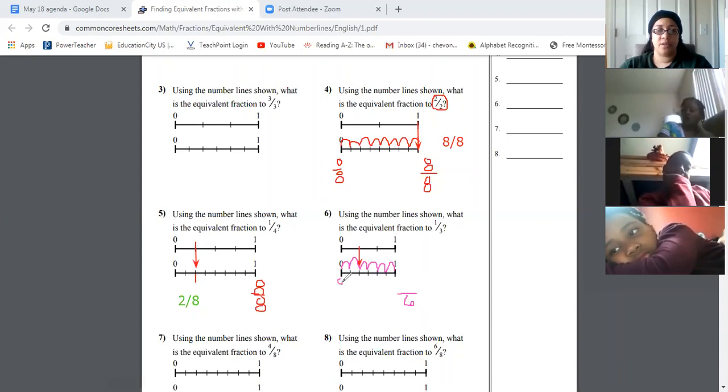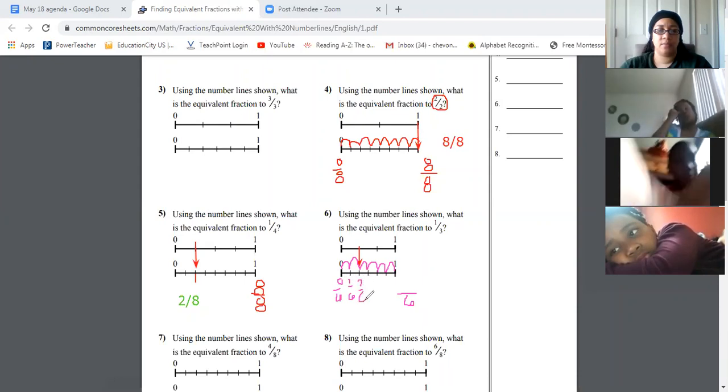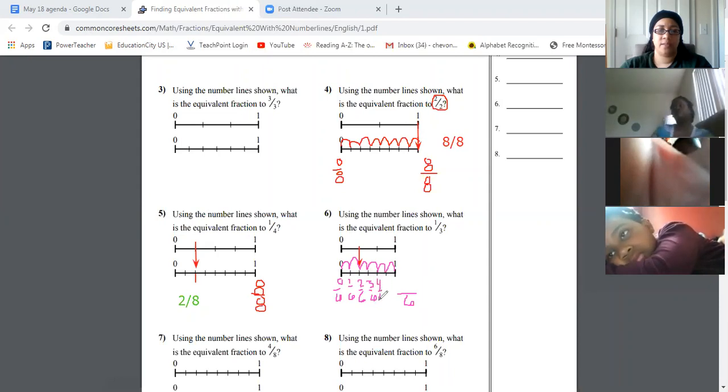So I'm going to have 0 out of 6, 1 out of 6, 2 out of 6. Not very pretty. 3 out of 6, 4 out of 6, 5 out of 6. So which one of these is equivalent to my 1/3?